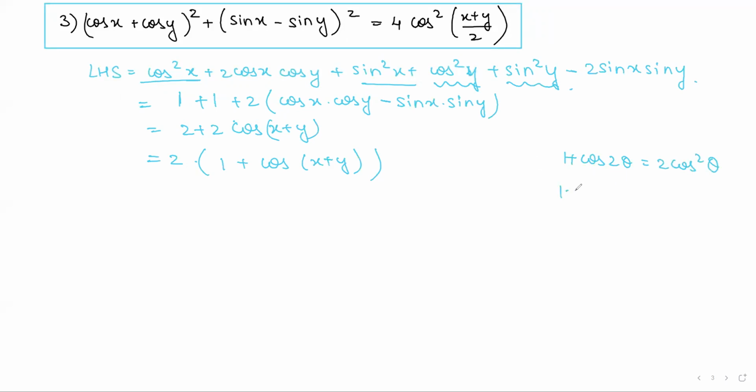Here you have 1 plus cos of x plus y, which means your 2 theta is equal to x plus y, so theta will be equal to x plus y divided by 2. So on the right hand side, in place of theta, we can place this: 2 cos square of x plus y divided by 2.